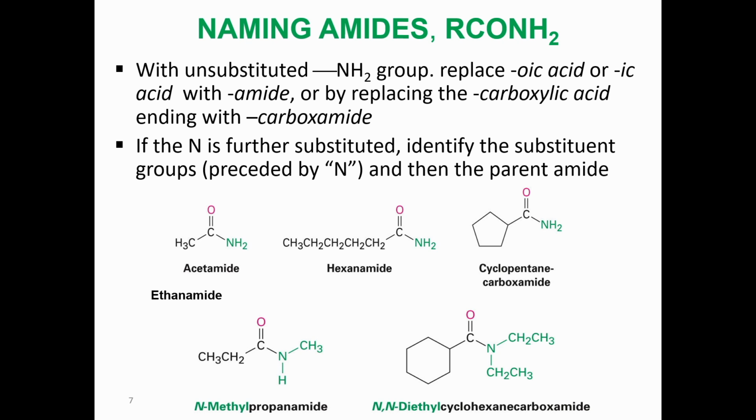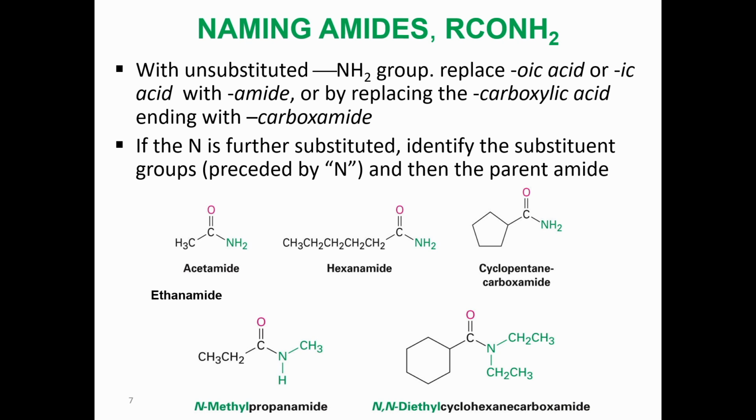The example is when we have N-methyl propanamide, meaning that this amine aspect of this amide has a substituent called methyl. So calling it N is like assuming you have an aliphatic compound and you have a substituent on carbon number 1. We call it 1-methyl.